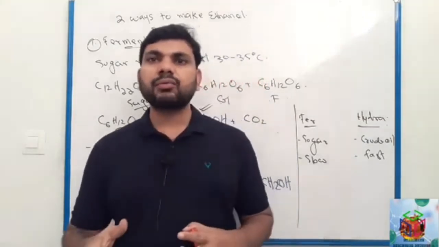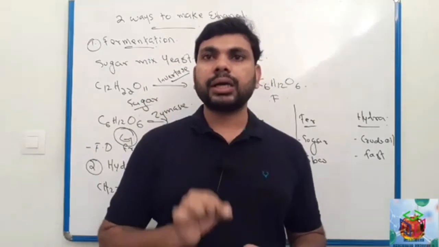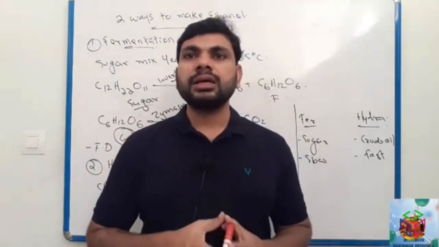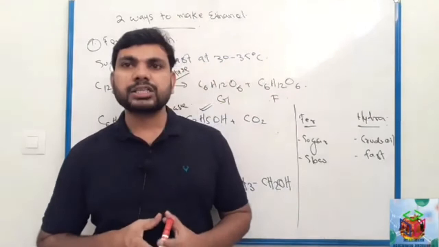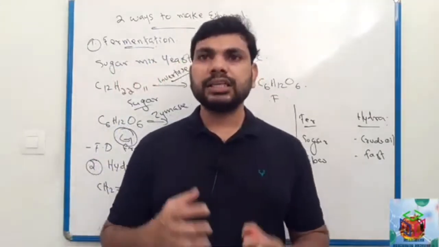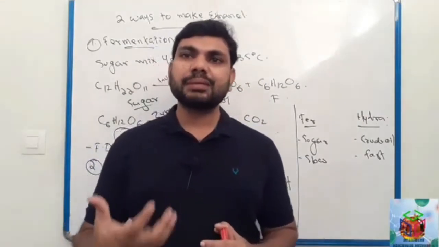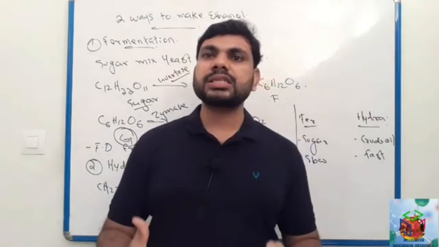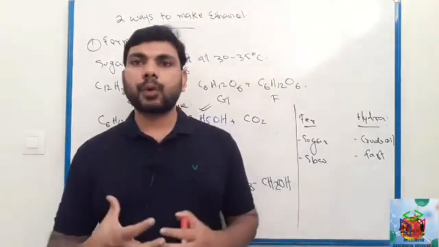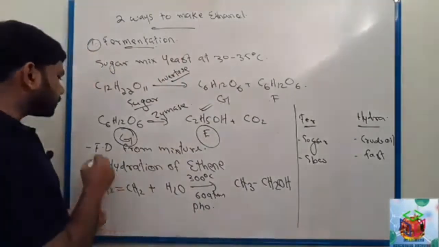Zymase helps to convert glucose to ethanol and carbon dioxide. This process is called fermentation. Fermentation is a biological process. It works with the help of enzymes. Enzymes are biological substances. So this is a biological process. Clear?